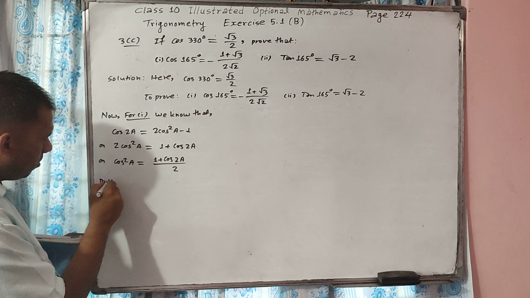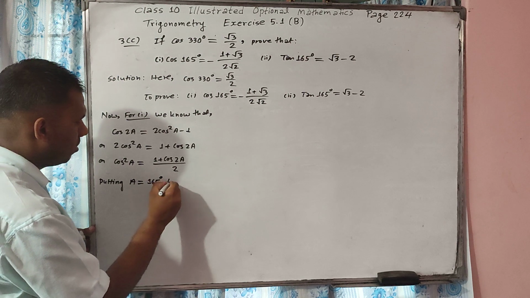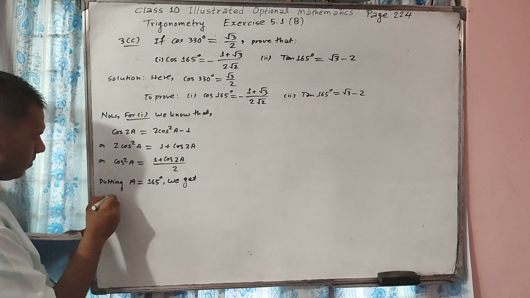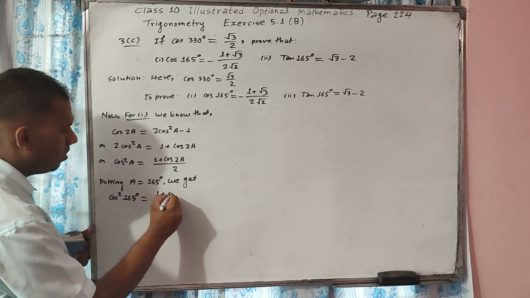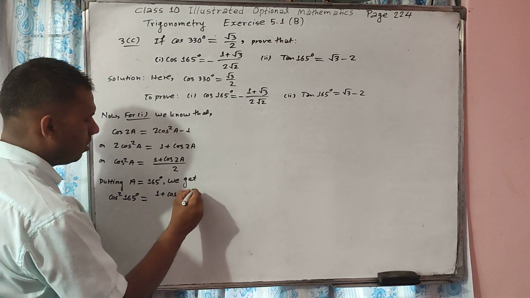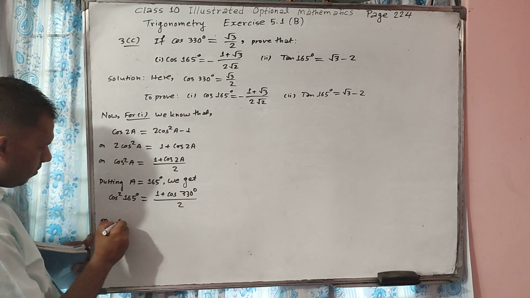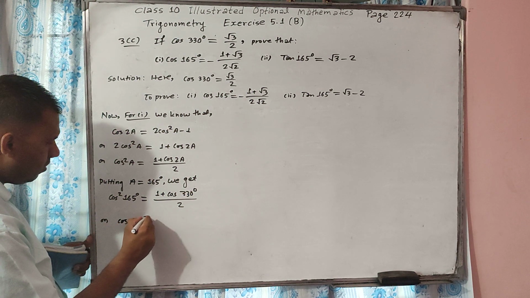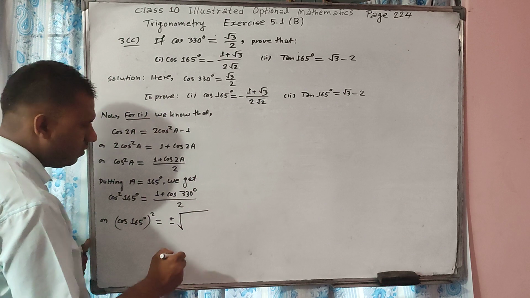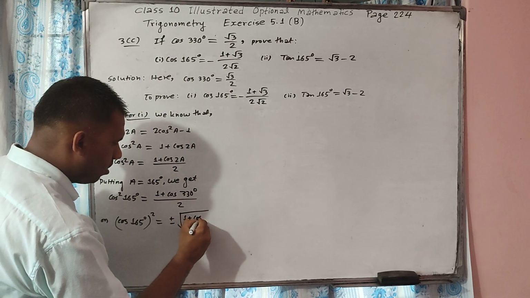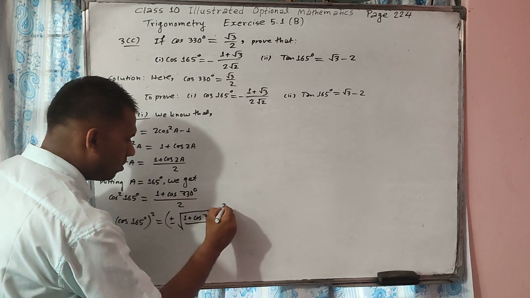Putting A equal to 165 degree, we get cos square 165 degree equal to (1 plus cos 330) all upon 2, or (cos 165 degree) whole square equal to plus minus square root of (1 plus cos 330 degree) all upon 2, whole square.